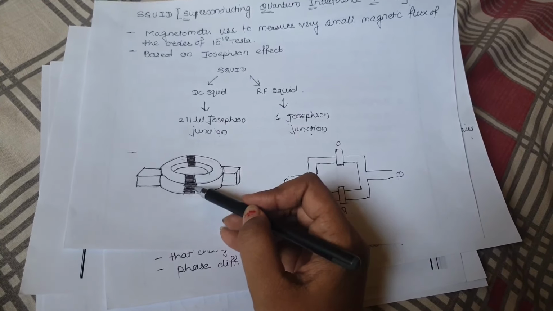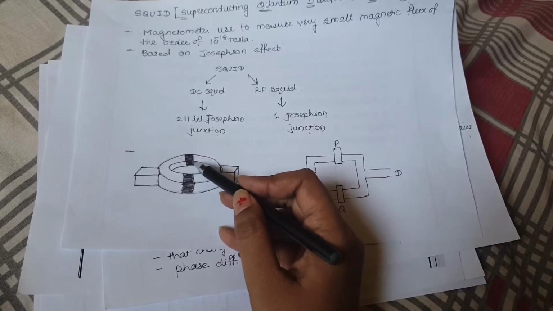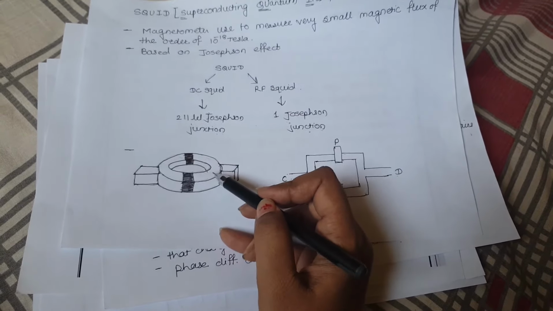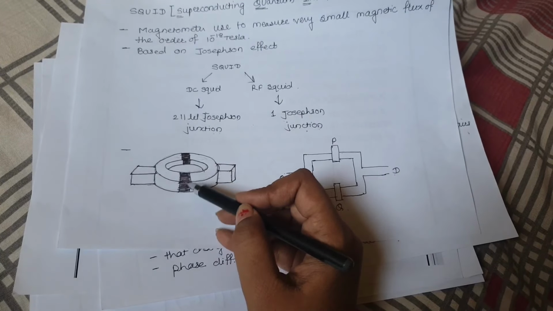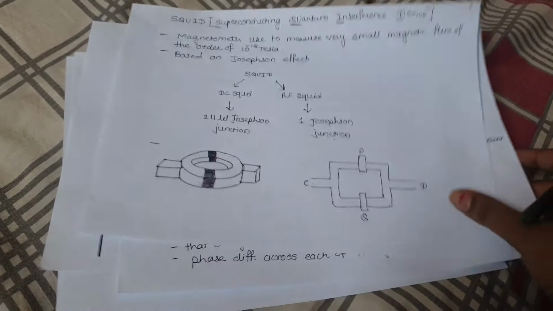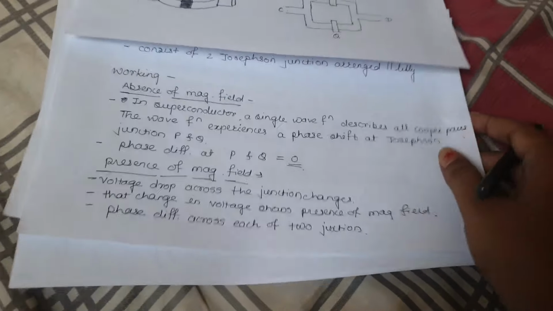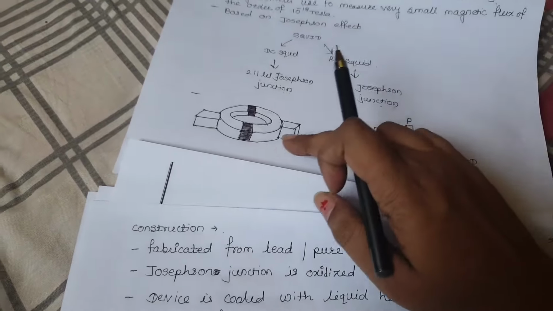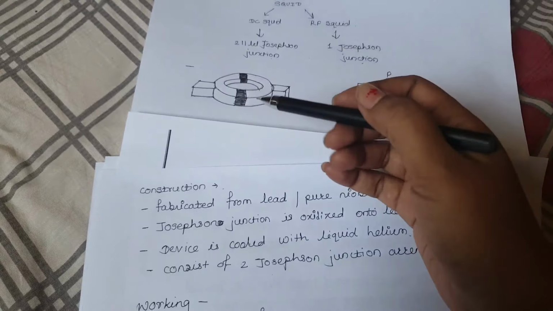So it has two junctions, but they should be parallel to each other. This is just the construction. You can see the diagram of SQUID over here.